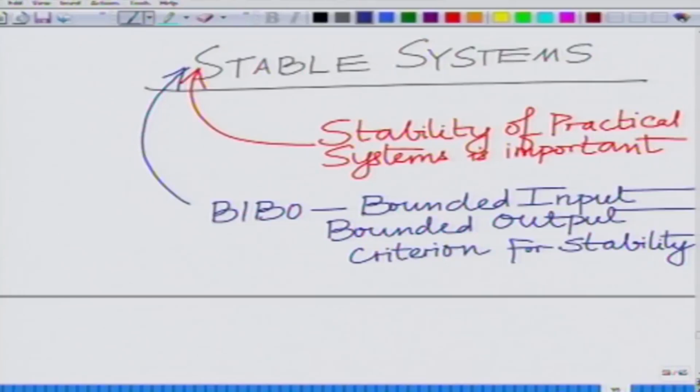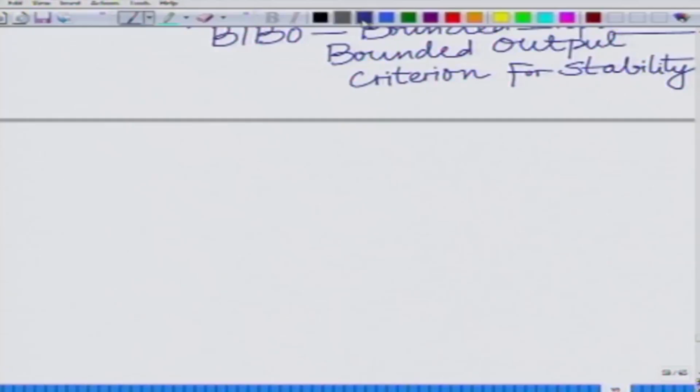The definition is, if a system is such that magnitude x(t) is less than or equal to some constant c, or for a discrete time system magnitude x[n] is less than or equal to c.